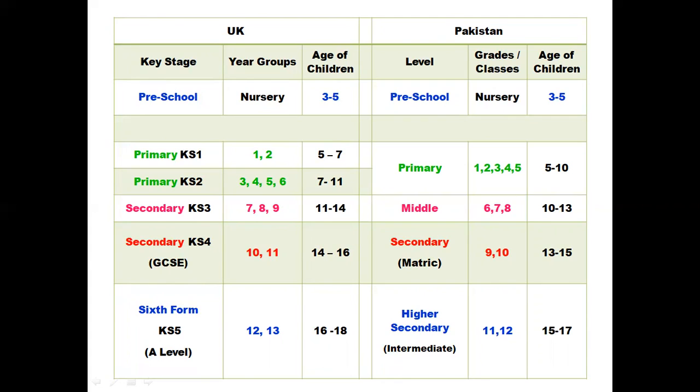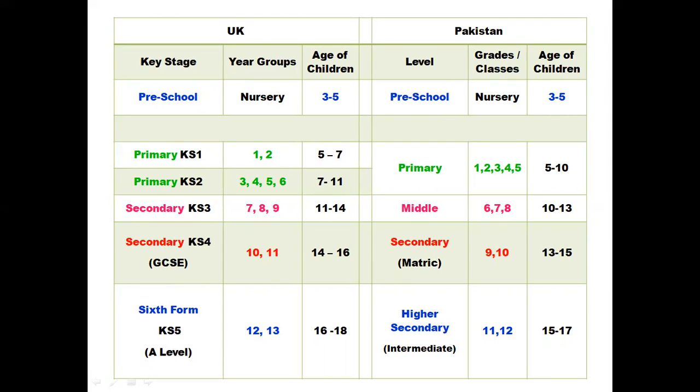Right, moving on to key stage 4 or GCSE, which has year groups 10 and 11. But on the other hand, in Pakistan, matriculation has no year groups, I shouldn't be using the term year groups, it has classes or grades 9 and 10.